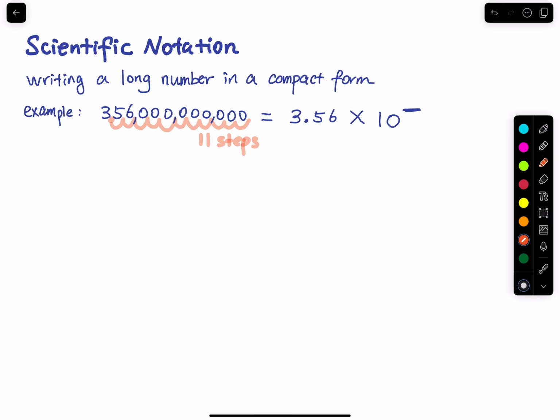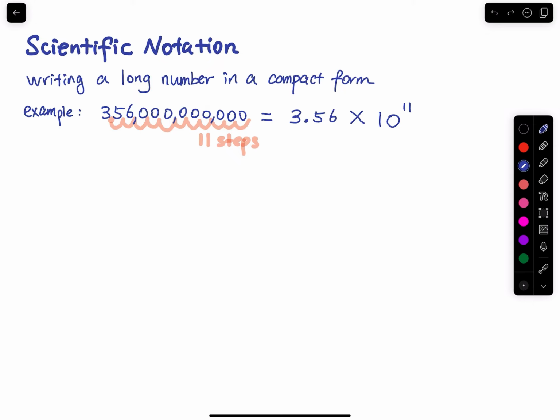So since that is 11 steps, I will just erase this line and say that this is times 10 to the 11 power. So basically this is 3.56 multiplied by 1 followed by 11 zeros. That means starting at 3.56, you move the decimal point 11 steps to the right to get to this long number.